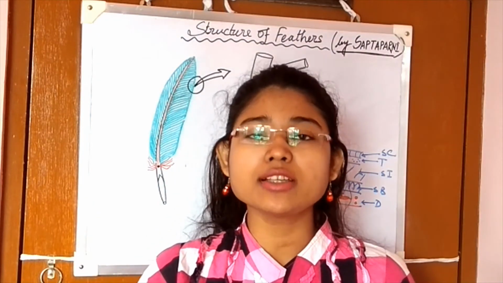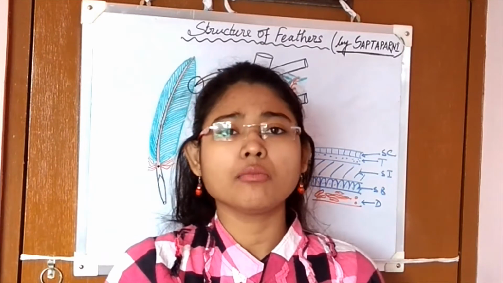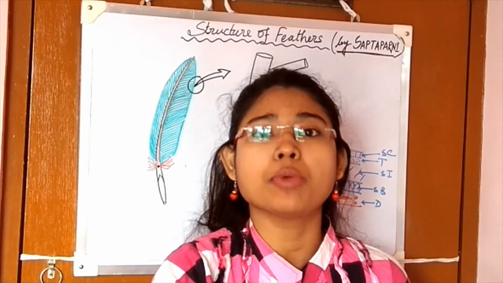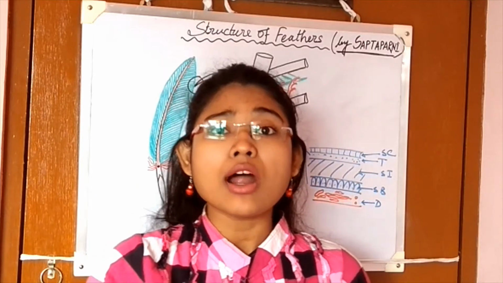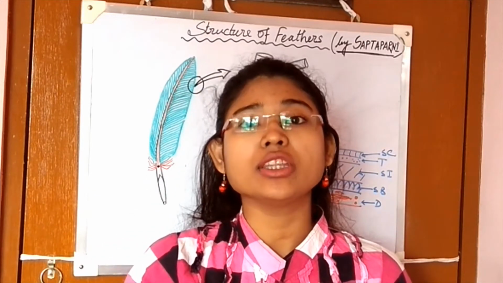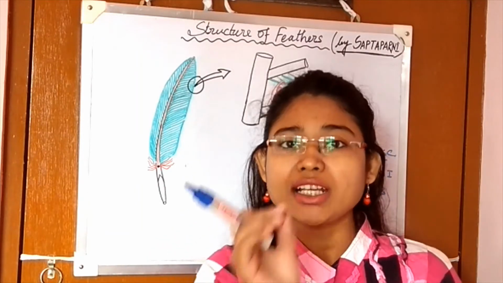And during brooding season, what happens? This dermis layer becomes very much vascularized near the portion of the bird's breast, so that warm blood can come in close contact with the incubating eggs. Okay, so what is the point here?